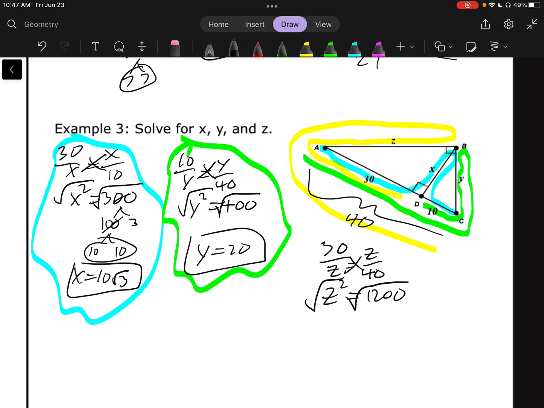I think that can be 400 and 3. That 400, like we just saw, gives me a nice pair of 20s. So I will say that z is equal to 20 square root 3. And there we go. 20 square root 3. Cool.